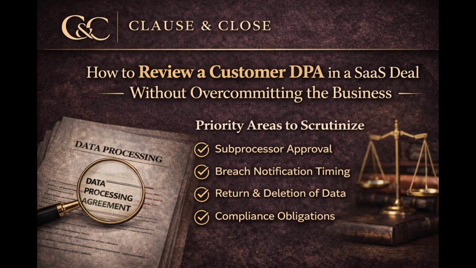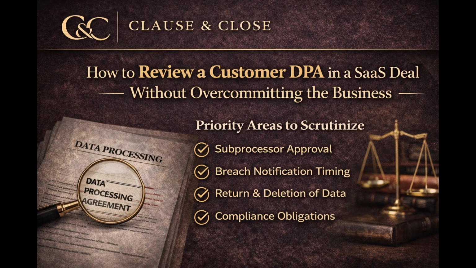First, what is our role in the data chain? Are we acting purely as a processor for customer data? Are there limited activities where we may be acting as an independent controller, for example for account management, billing contacts, fraud monitoring, or product analytics? Or is the service model more mixed than the customer assumes?